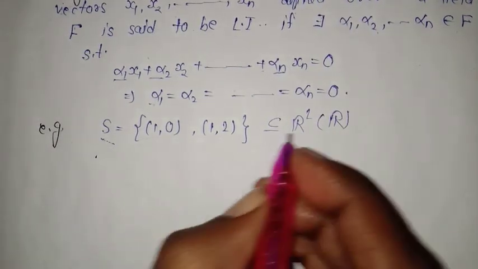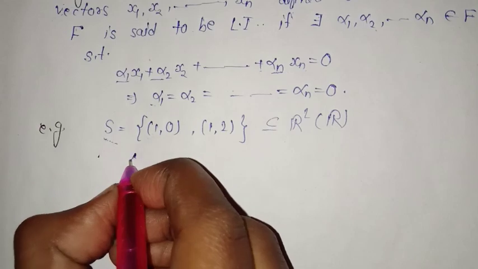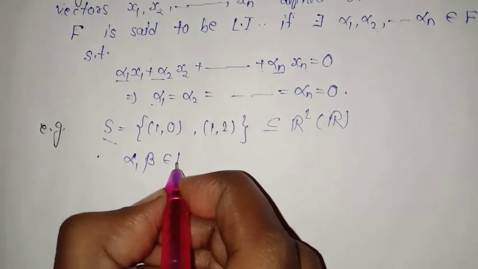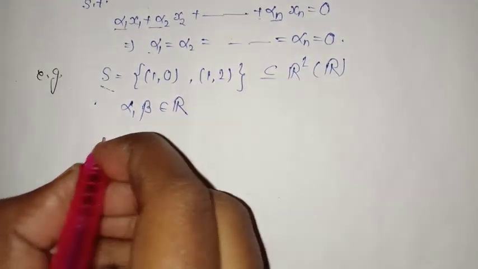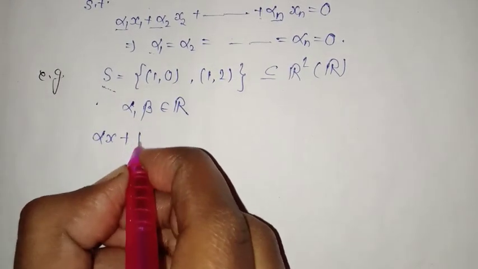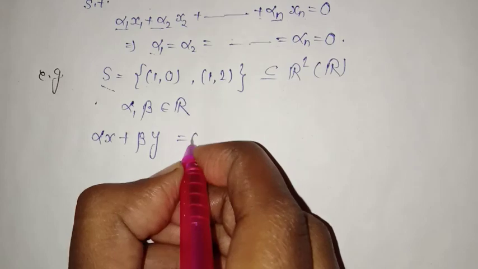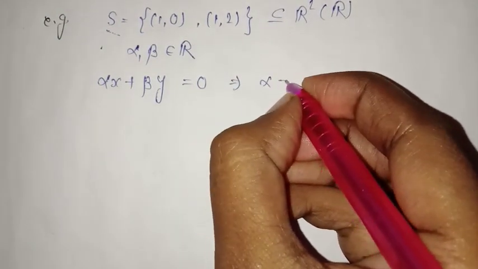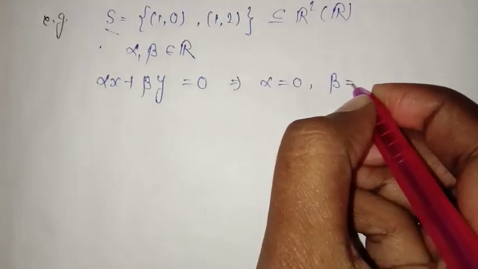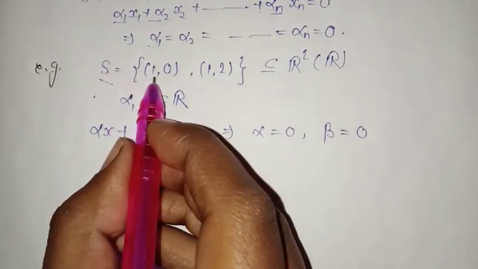So let's take two scalars alpha, beta belonging to the field R. Then alpha x plus beta y should be equal to 0, and this implies what? Alpha equal to 0 and beta equal to 0 if the set is linearly independent.